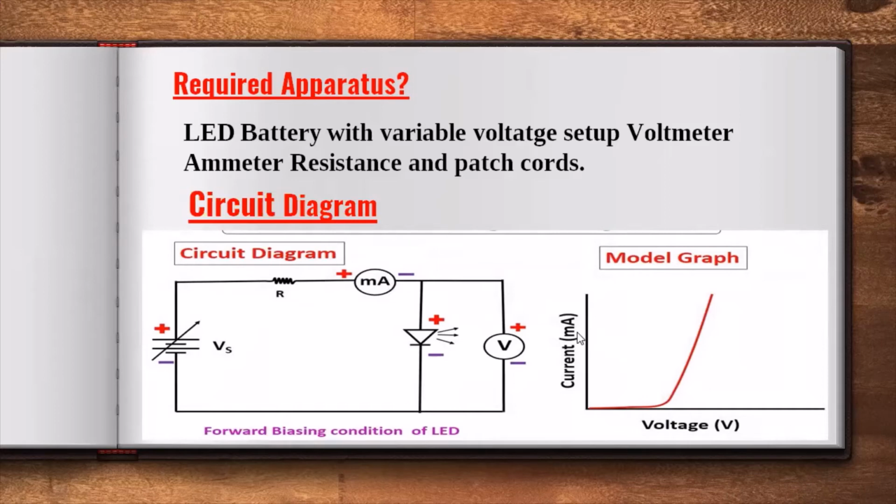What we are going to observe is that as you keep on increasing the voltage, the current changes behavior. The trend of current with respect to the voltage should be like this. Up to a particular voltage, there is no current because that voltage is not sufficient to recombine the electron hole charge carriers, because the barrier voltage stops the movement of the electrons from the n side to the p side.